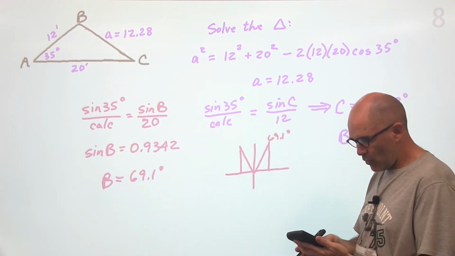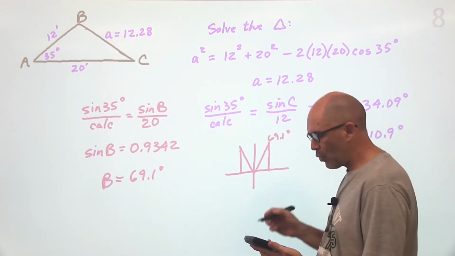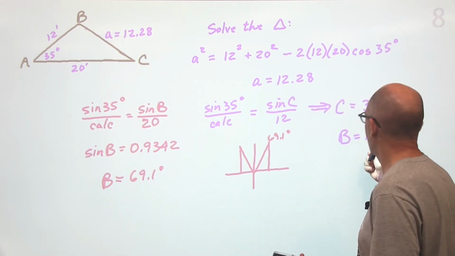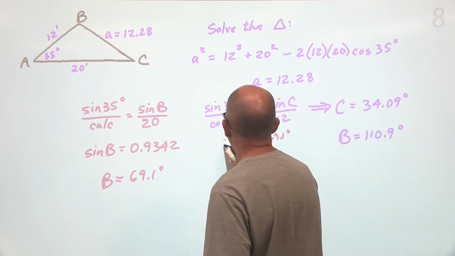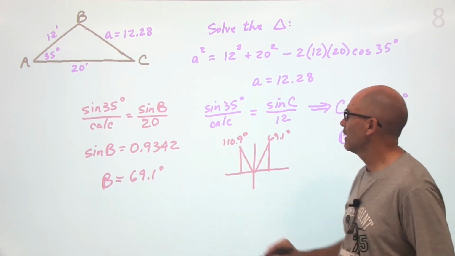So when I go 180 minus that, I end up with 110.9, and that's what I thought, 110.9 degrees. That's the actual angle B.